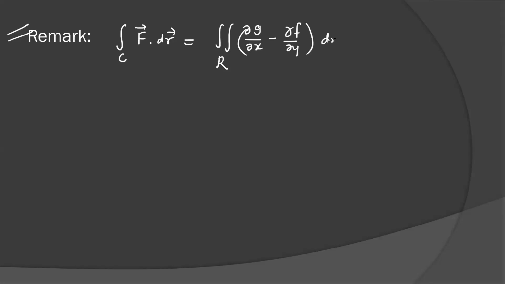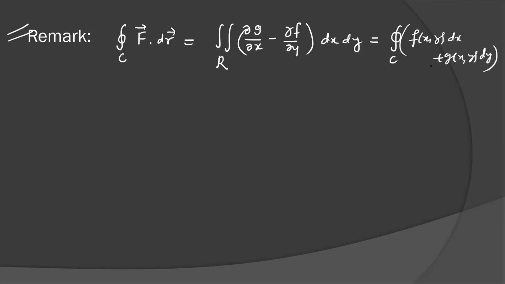Green's theorem says the closed integral of F dot dr is equal to the double integration over region R of del g by del x minus del f by del y dx dy, and if we put the value of F, it is the closed integration of f(x,y) dx plus g(x,y) dy.